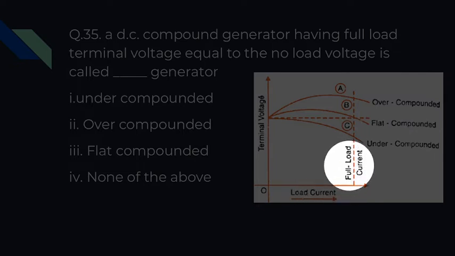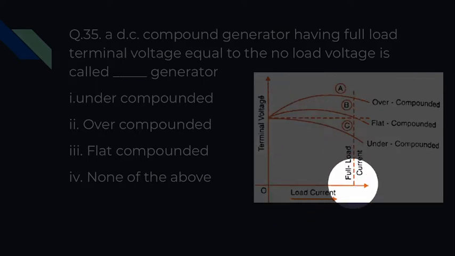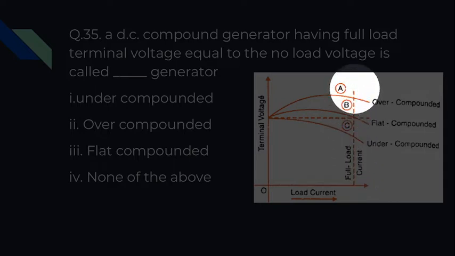So here you can see the curves A, B, C in the graph. At no load current this is the terminal voltage, and at full load current this is the terminal voltage.